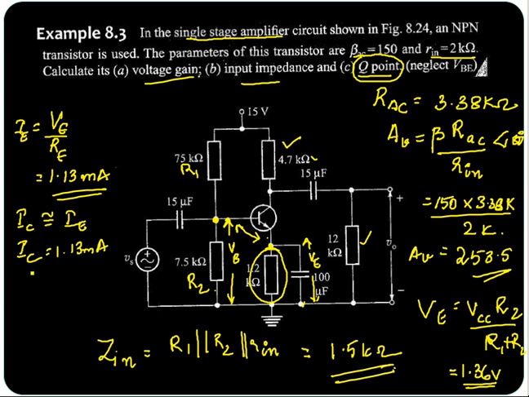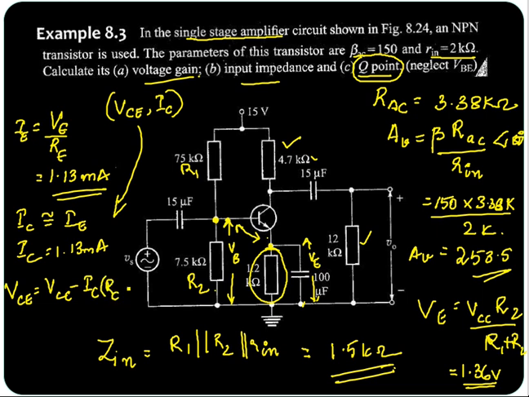So after taking this IC value, what should be calculated to find the Q point? Q point coordinates are VCE, IC. You got IC. So how will you find VCE? VCE is VCC minus IC, IC approximately equal to IE, so IC into RC plus RE.